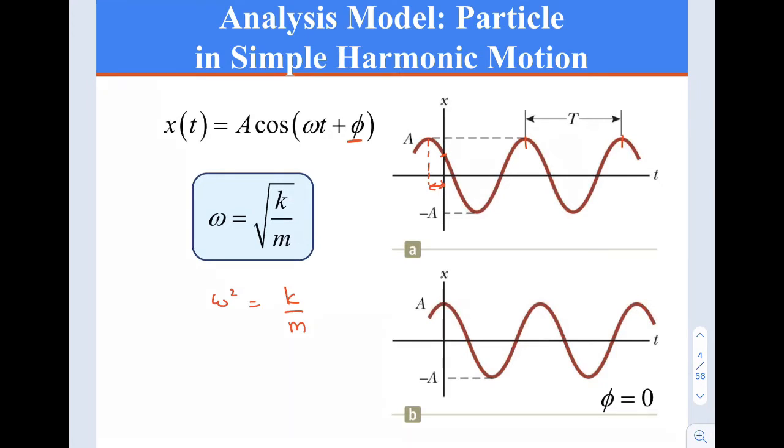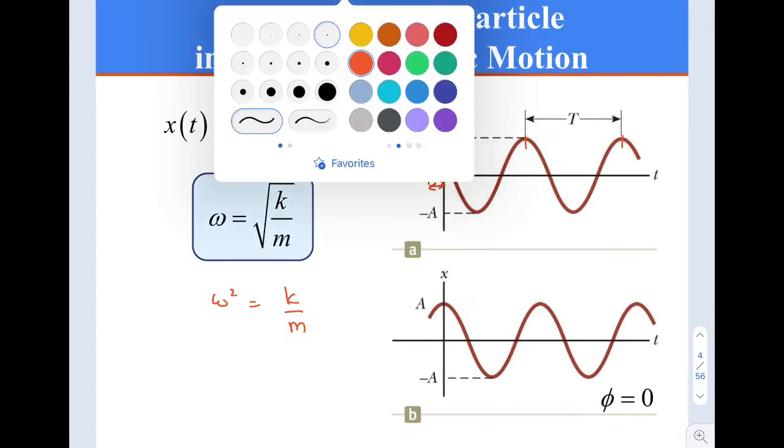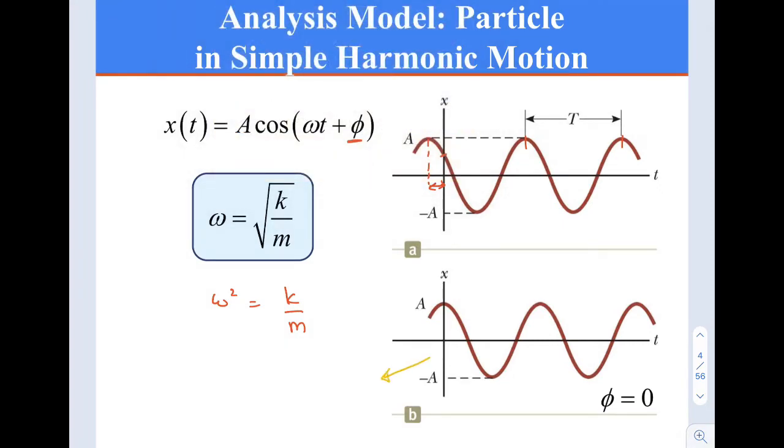So the function for this one is x as a function of time, which is actually A cos(omega t), because the phi is 0. This is completely a cos function, without the addition of phase angle or initial condition.